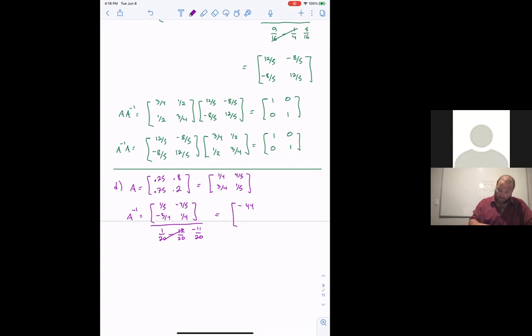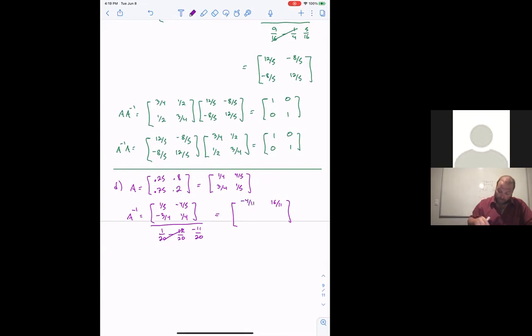Let me try that one more time. Well, first negative over negative, that goes away. So 0.8 divided by 11 over 20. Well, I guess it is 16 over 11. So let me double check my other one. 1/5 divided by 11 over 20. Well, that's just 4 over 11. That was not even close, negative 44.